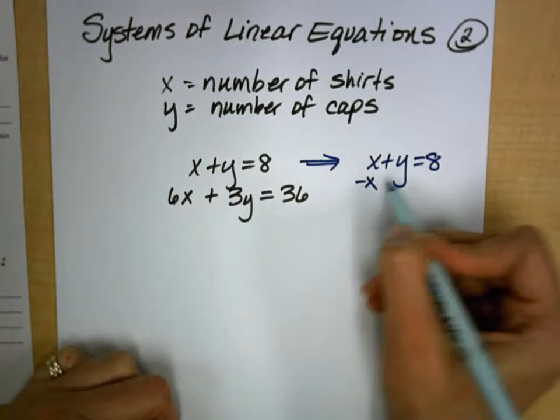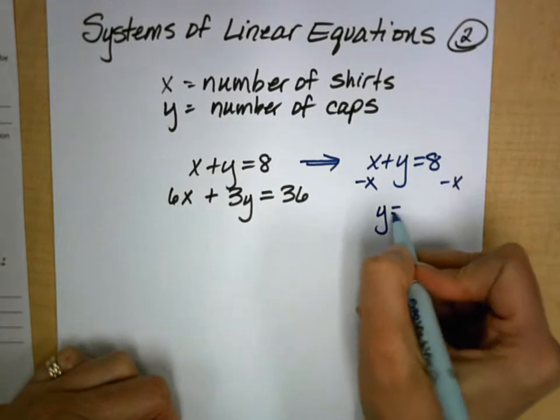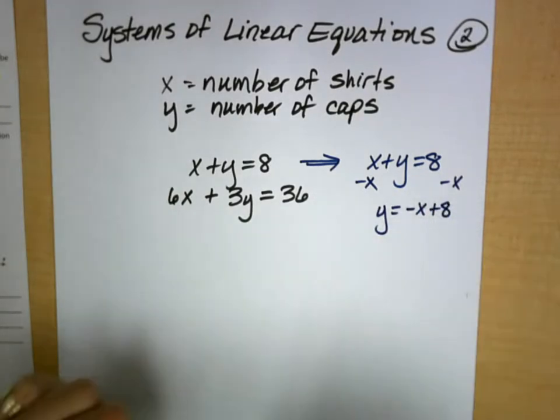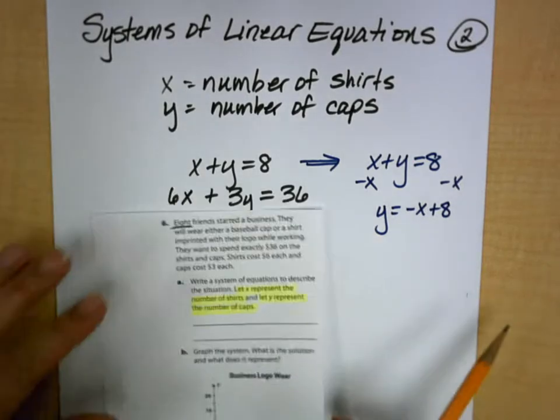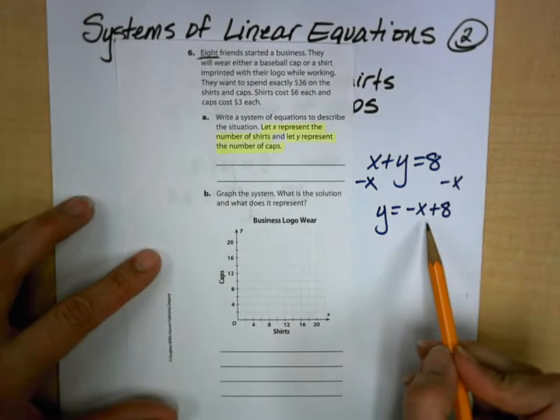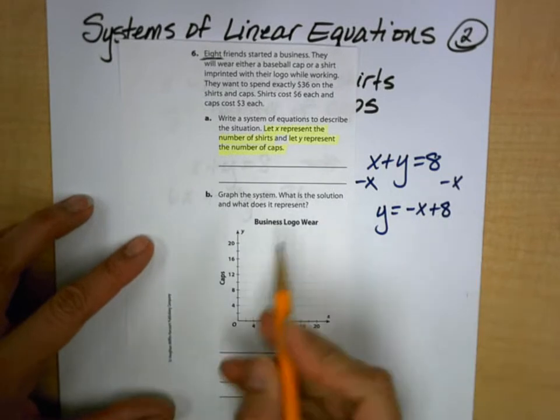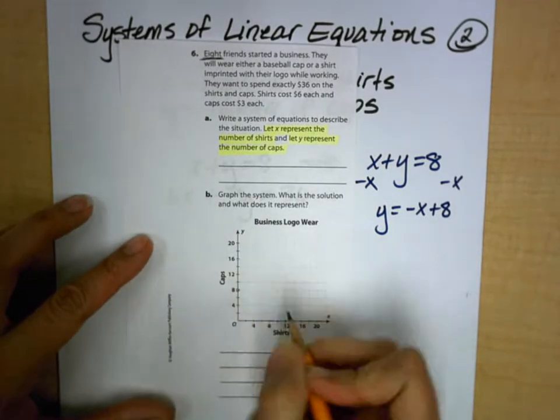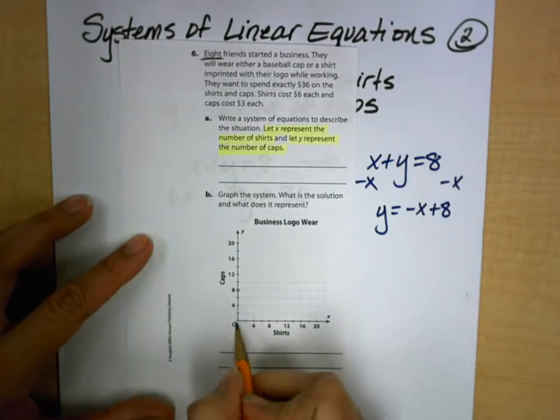Okay. Subtract my x from both sides, and I have y equals negative x plus 8 as my first equation. All right, let's graph that one. My intercept is 8. Let me just check this graph really quick. It looks like this graph is going by 2, so I have to be very careful when I do my slope.